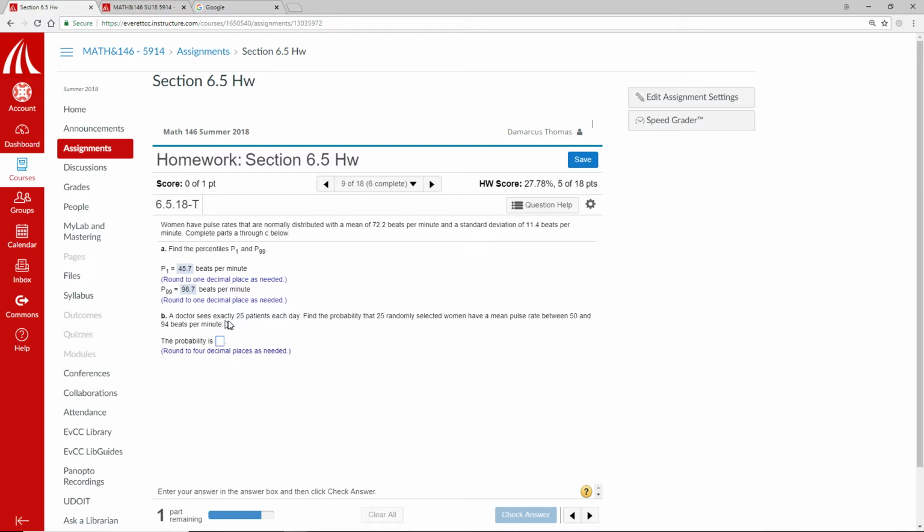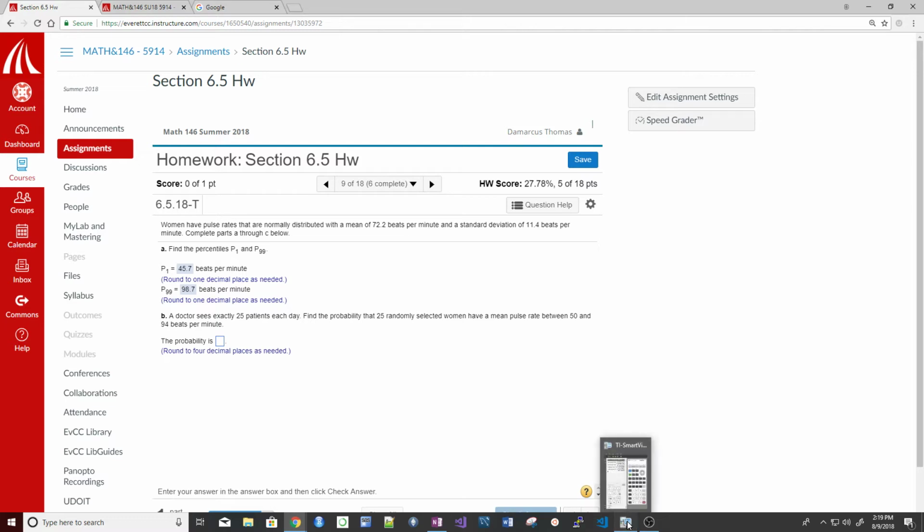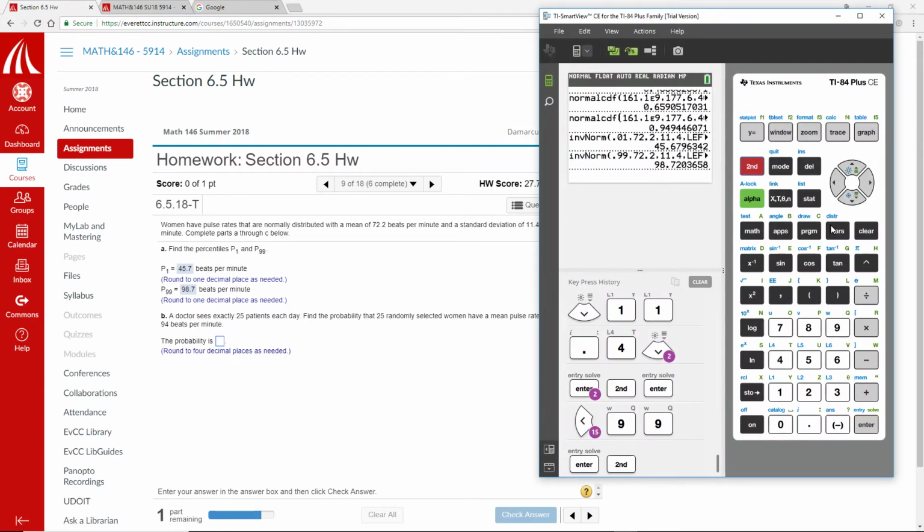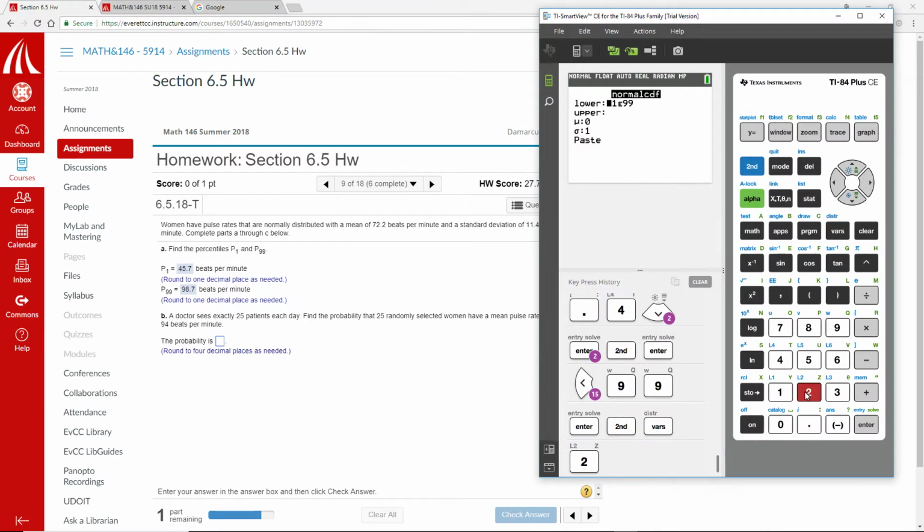All right. A doctor sees exactly 25 patients each day. Find the probability that 25 randomly selected women have a mean pulse rate between 50 and 94. So we're going to do second, distribute. Number 2, 50, 94.